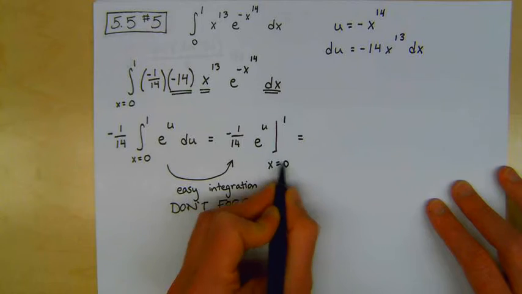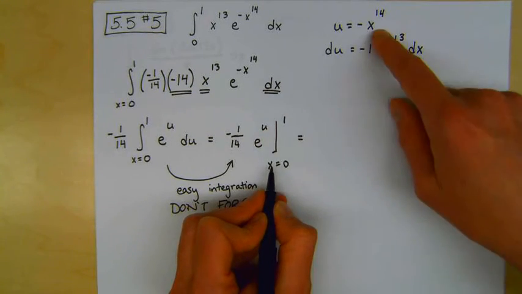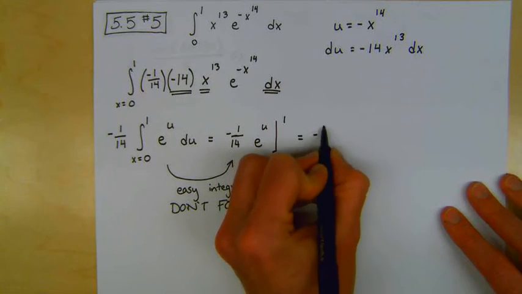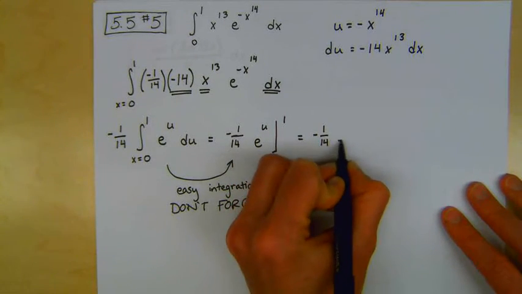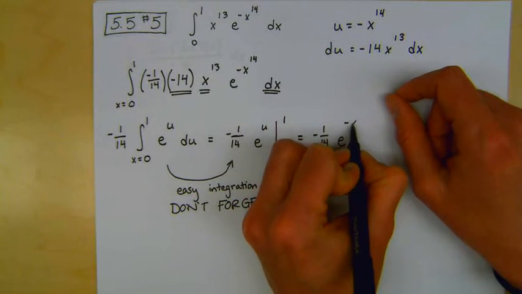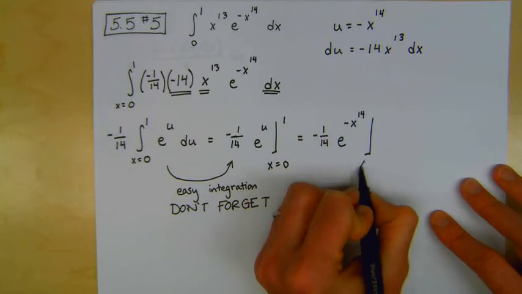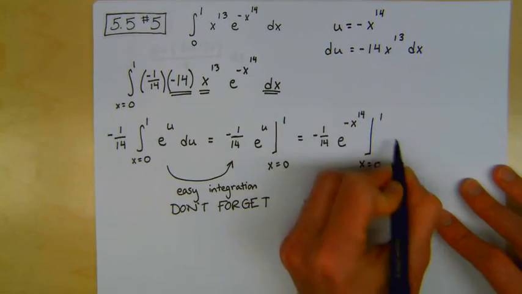So I can't plug this x in for u because I need to make sure that this is rewritten in terms of x. So I get negative 1/14 e to the, what is u? U is actually equal to negative x to the 14th, and now I can evaluate it as x goes from 0 to 1.